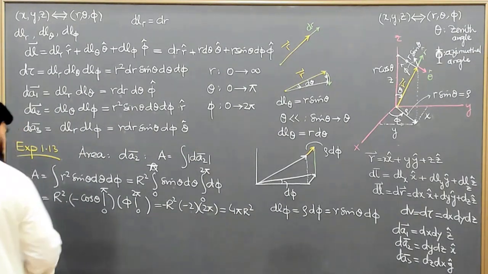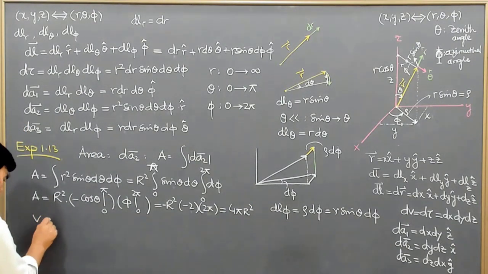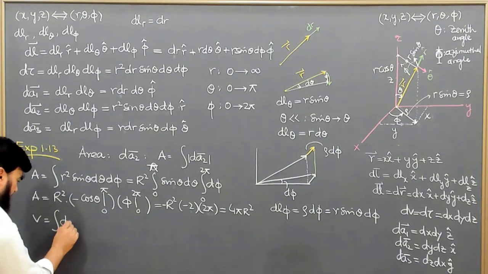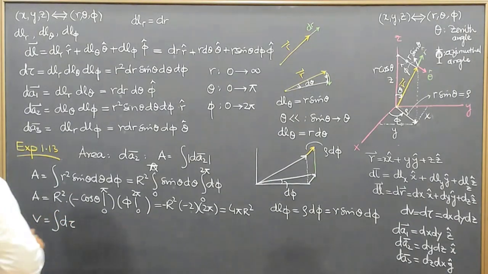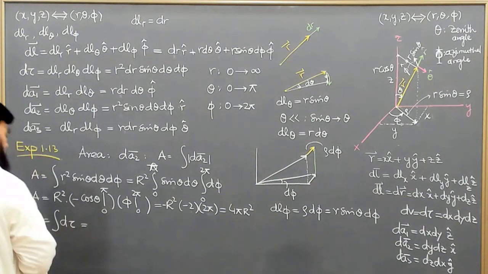And similarly, the volume will be equal to the integral of d tau, and now it's a triple integral.